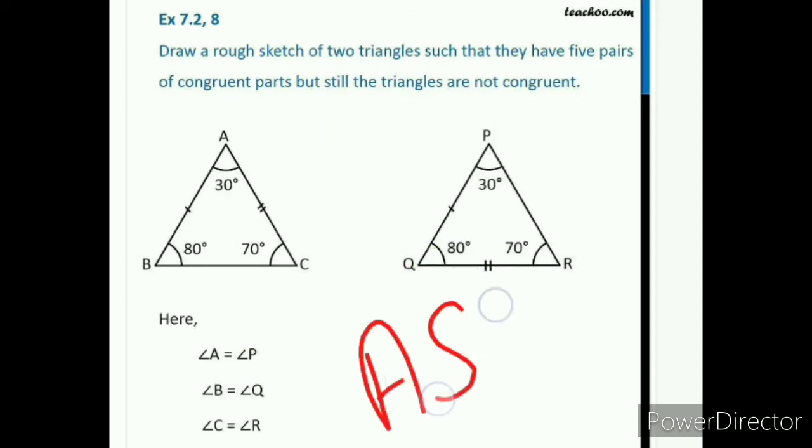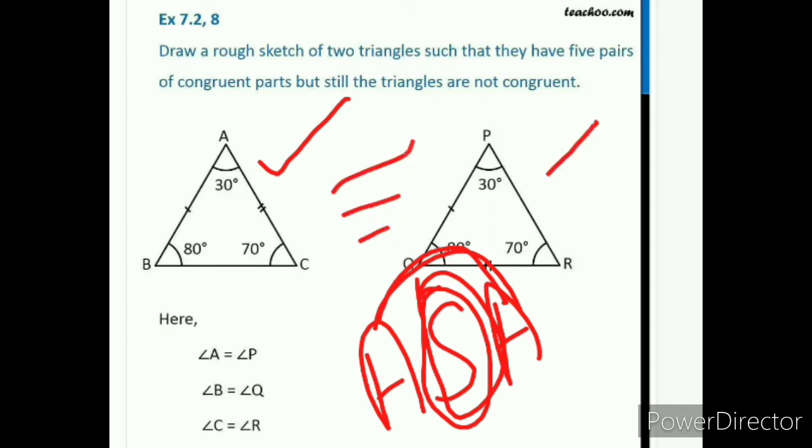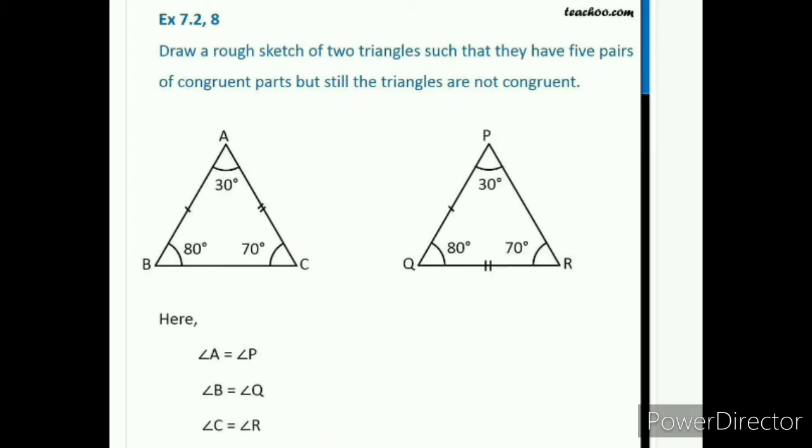Similarly, ASA tells that two angles including one side of the first triangle are equal to two angles including one side of the other triangle. Then these two triangles are congruent. Got it?